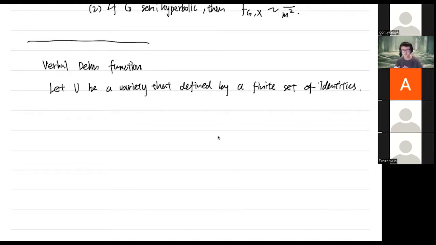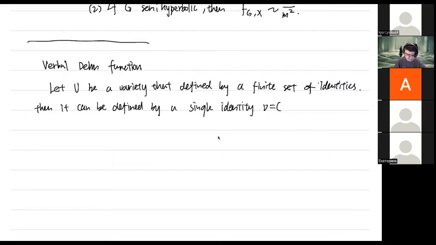Then we can basically multiply them together to get one single law. So it can be defined, but of course we have to change the indices such that all the variables in each identity are different. It can be defined by a single law, a single identity.